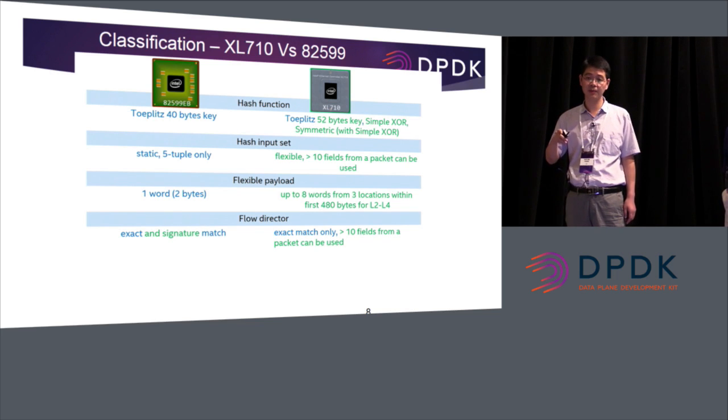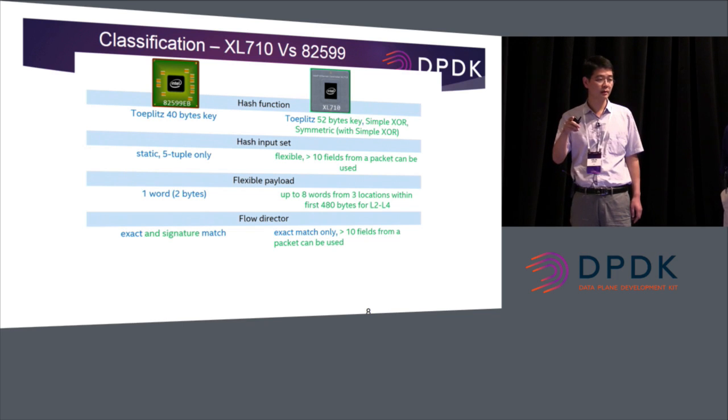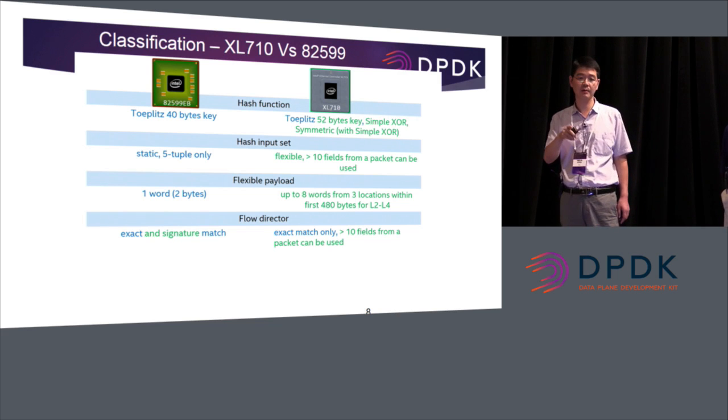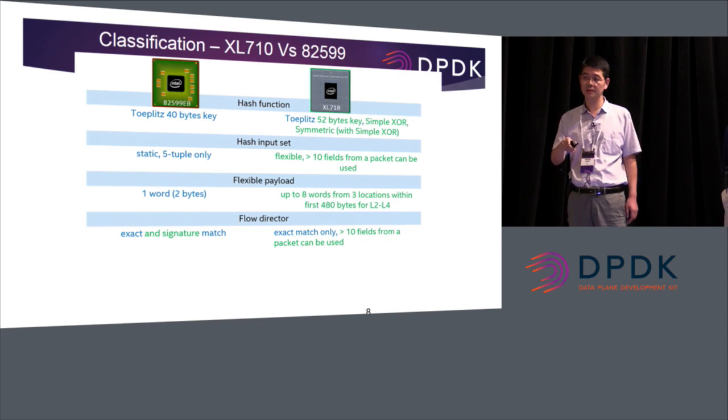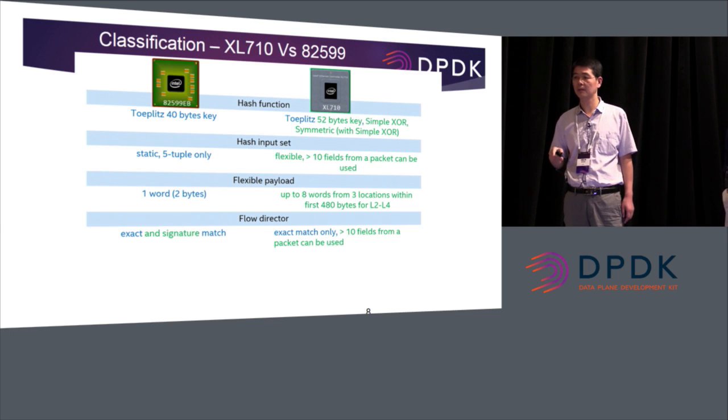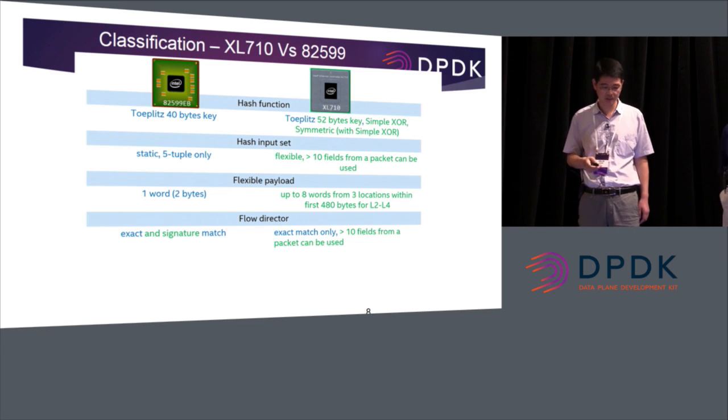The definition is a bit different from the same one on 82599, because, for example, the flow type of IP on X710 doesn't include UDP, doesn't include TCP, doesn't include HTTP. The definition is a little bit different from the hardware side. So we need to care about that during the implementation.